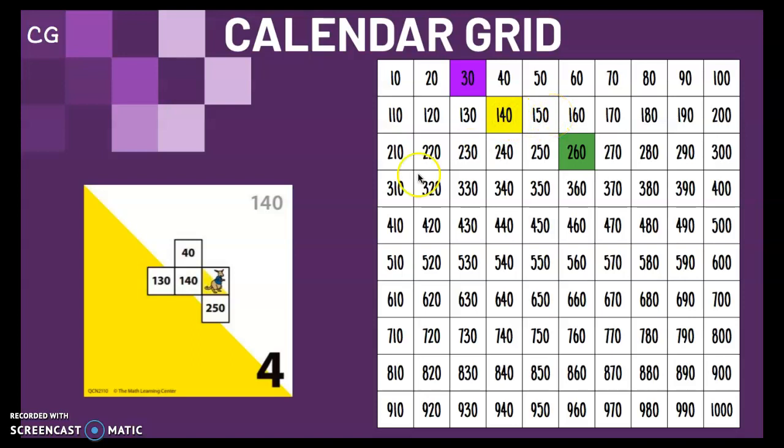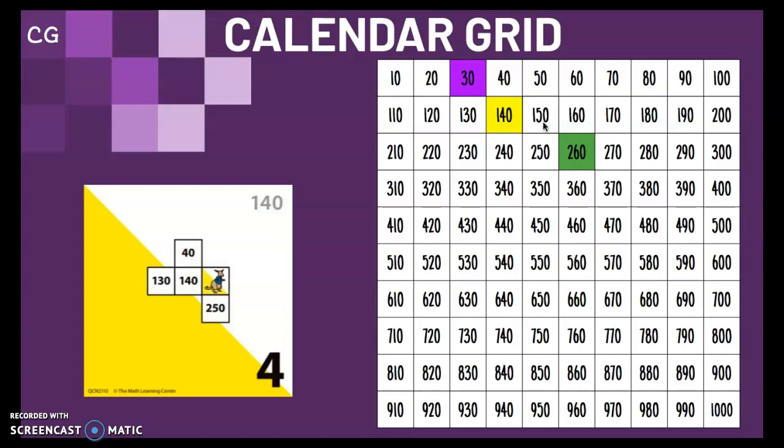What is happening to the number if he moves 1 to the right? Well, we know he would land at 150, but how many more is that? 140 plus what would get us to 150? 140 plus 10 makes 150. Good.